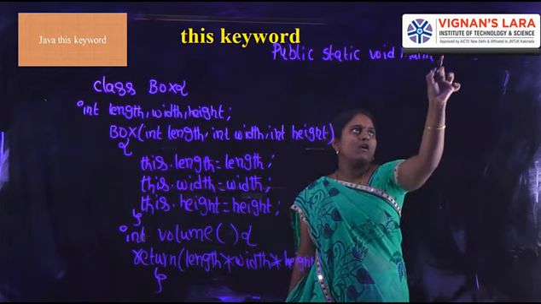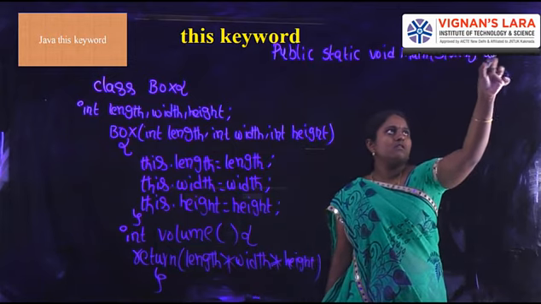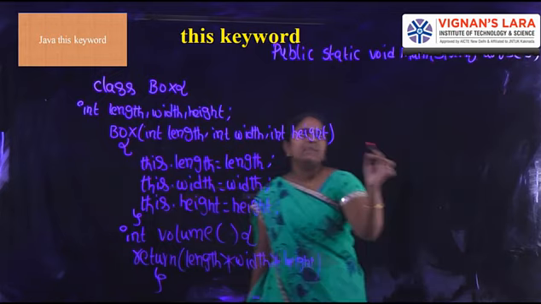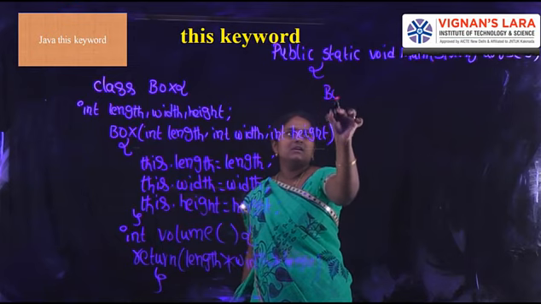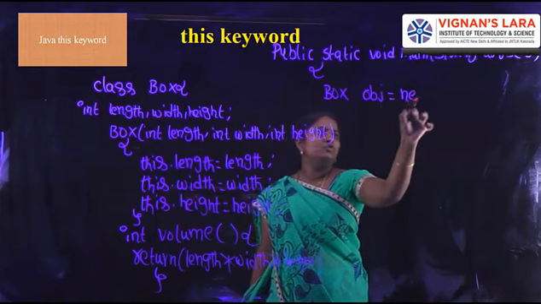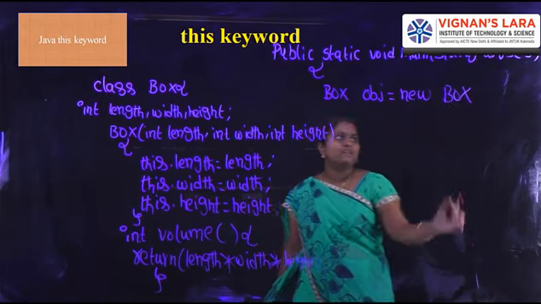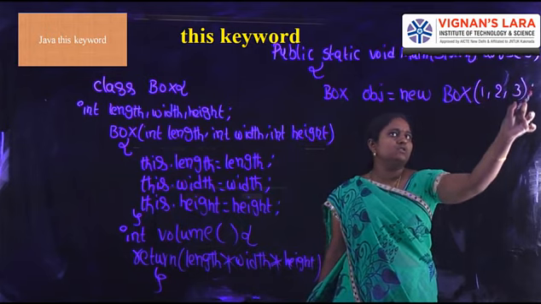Public static void main, String args array. In this main method I am creating an object of the Box class: Box obj equal to new Box. It is a parameterized constructor, so at the time of creating the object of the class, I can pass three values.